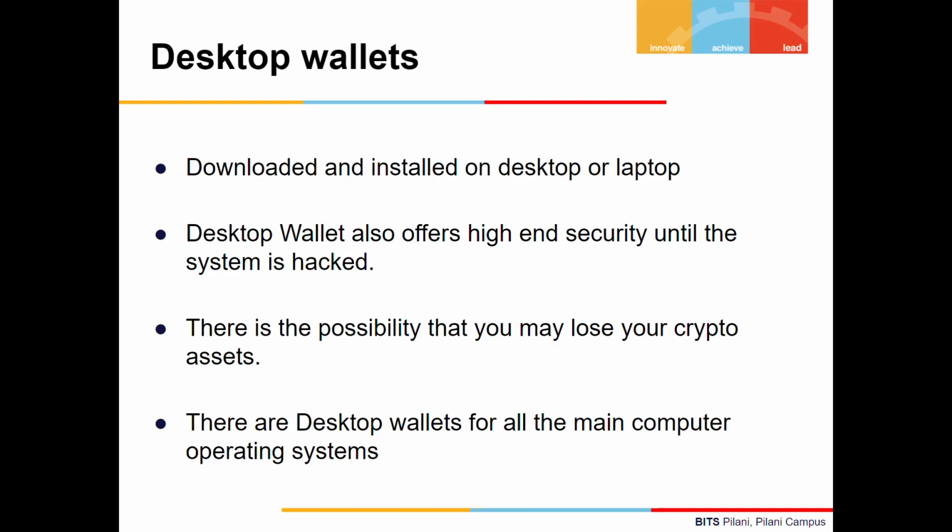This is a type of software wallet and it is also called a hot wallet. Most desktop wallets will allow you to set up two-factor authentication. That means that you will need a secondary confirmation to access your wallet via SMS, email, or a smartphone application.